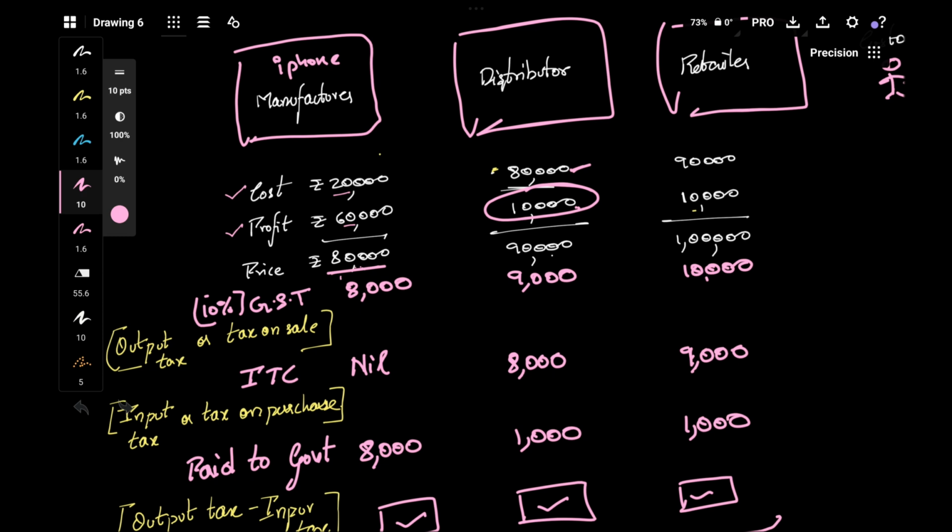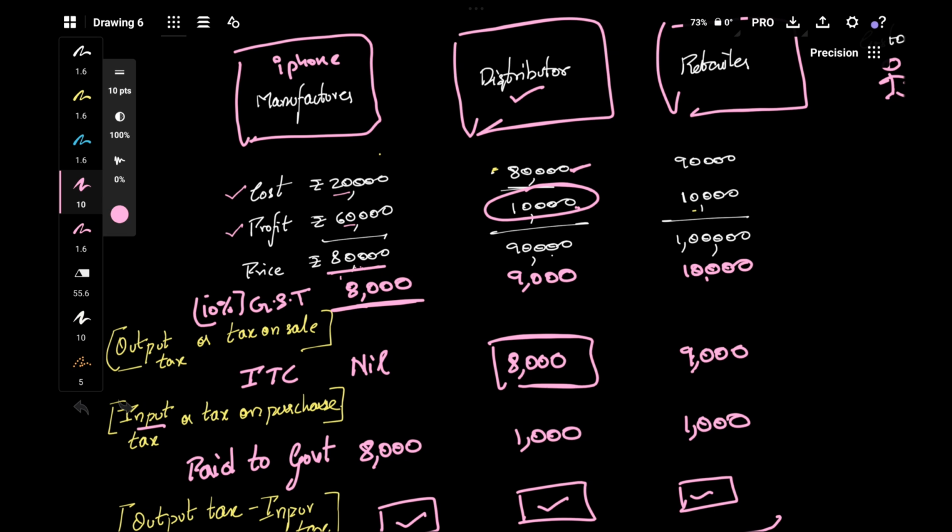Because the government has said: whatever tax you have paid on your purchases, distributor, listen, he paid 8,000, that 8,000 I'll give you as input tax credit, ITC, tax on purchase.